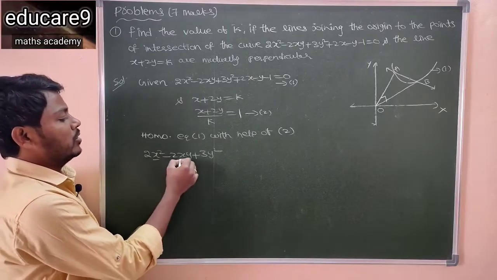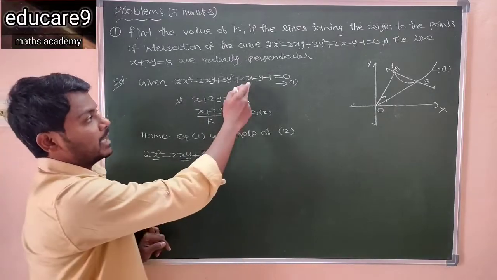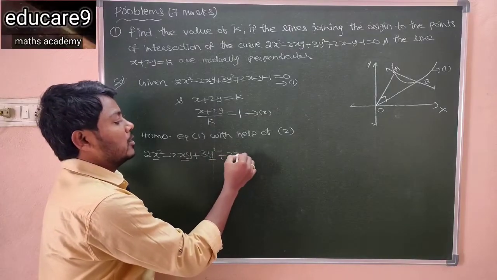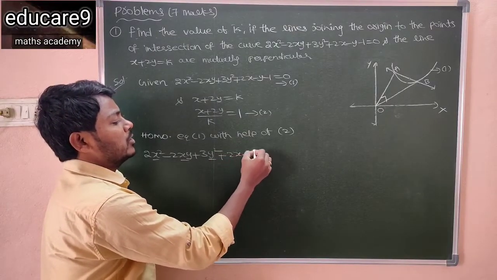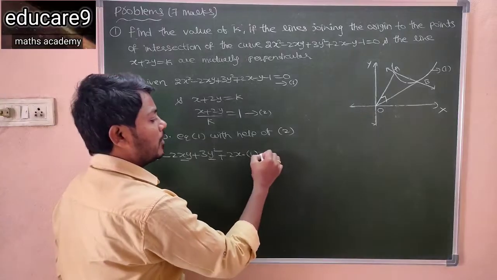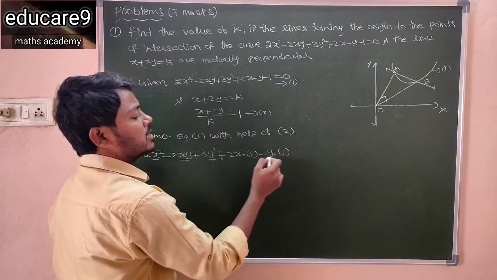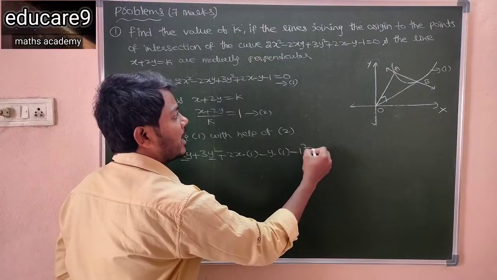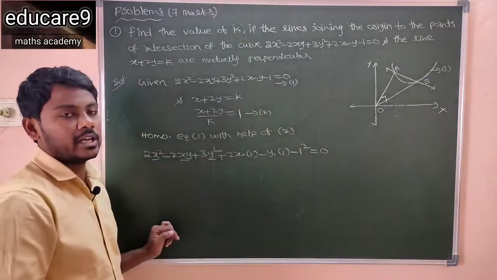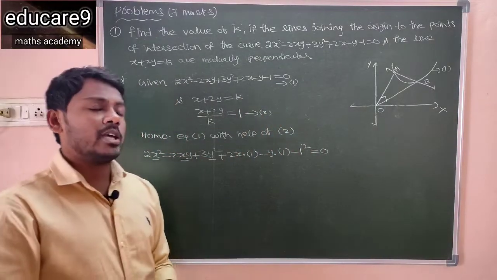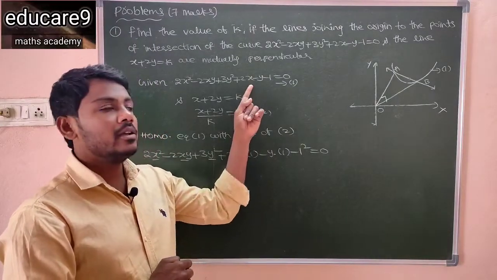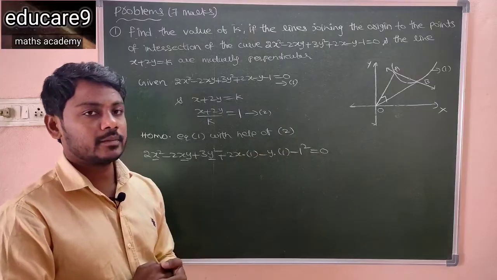Clearly degree 2, degree 2, degree 2. But here 2x, the degree is 1. So 2x can be written as 2x into 1, and minus y into 1, because the degree of y is also 1, and minus 1 square, because 1 is a constant. So at the constant place we write 1 square, and at degree 1 you write into 1.